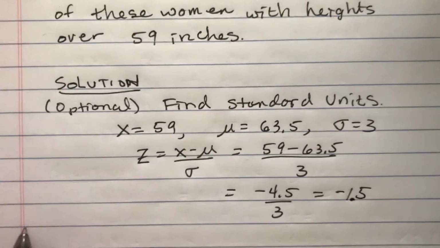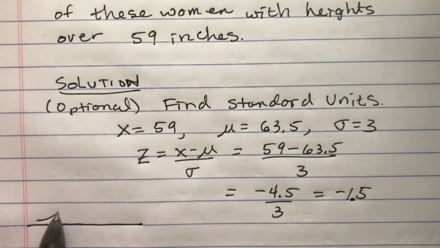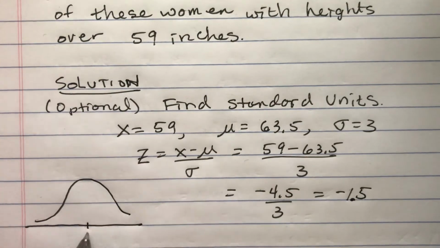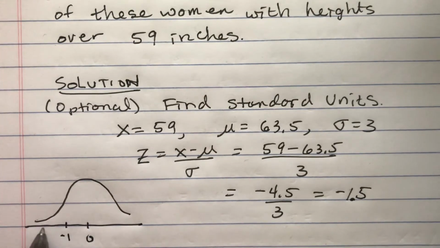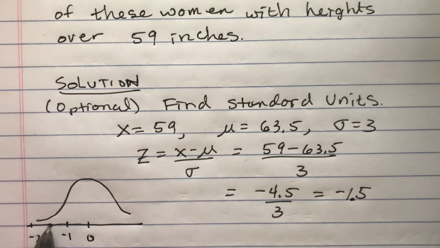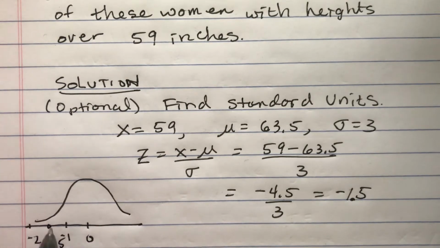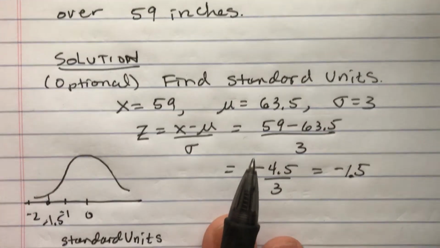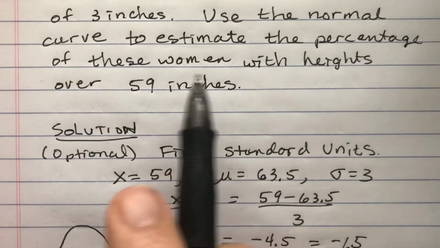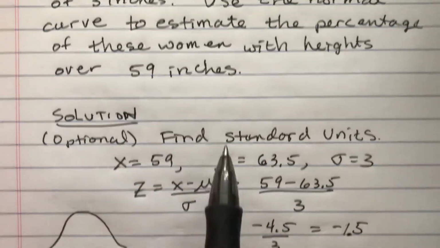All right, so the picture we're looking at in standard units is as follows. Here I have negative 1.5, and I'm looking for the area for women over 59 inches.